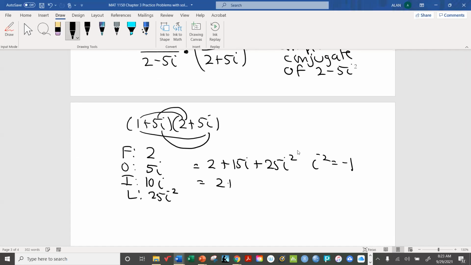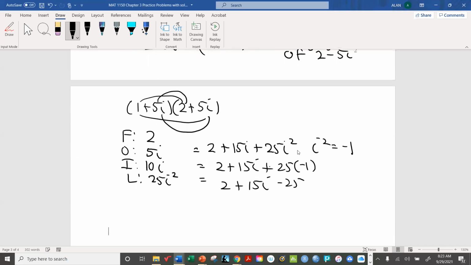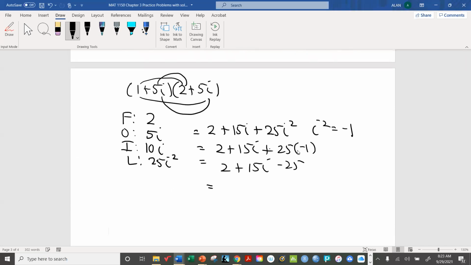So this gives us 2 plus 15i plus 25 times -1. So our numerator is going to end up being -23 plus 5i.